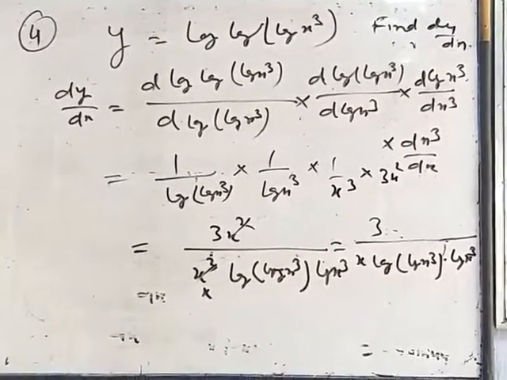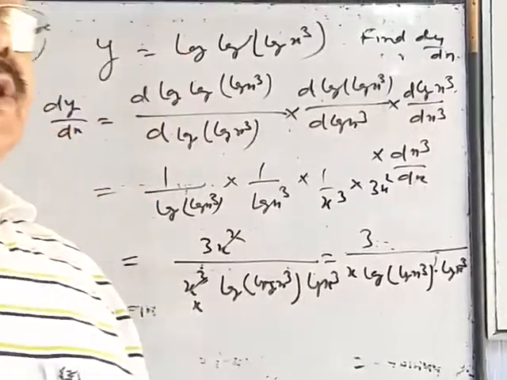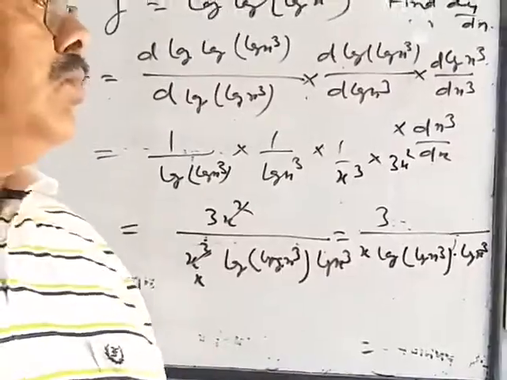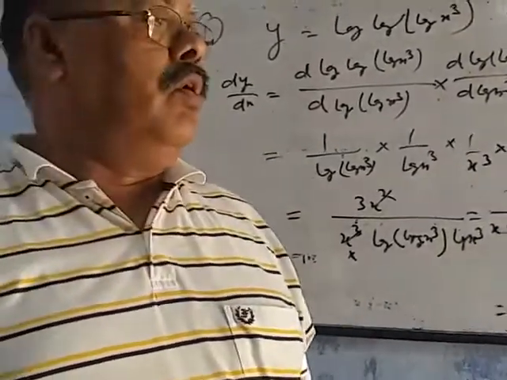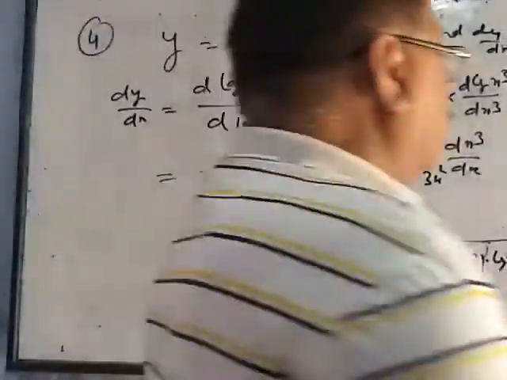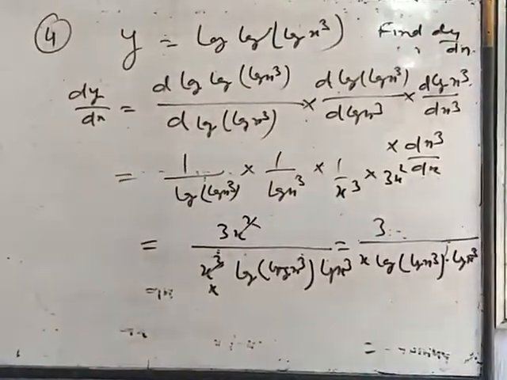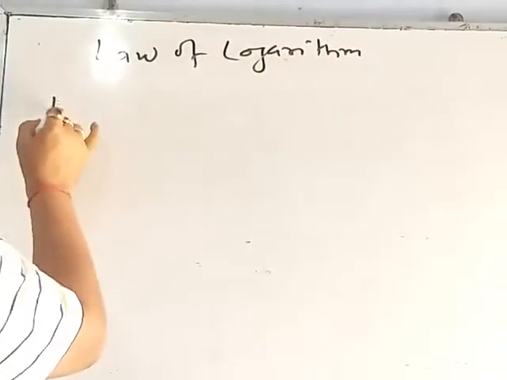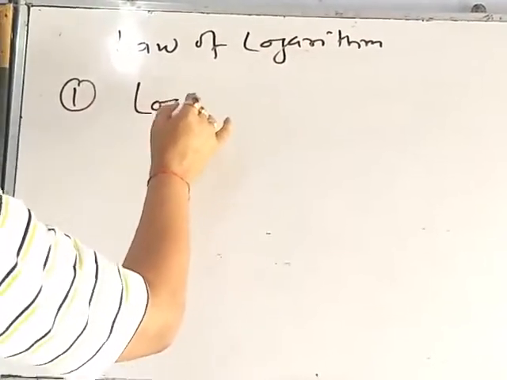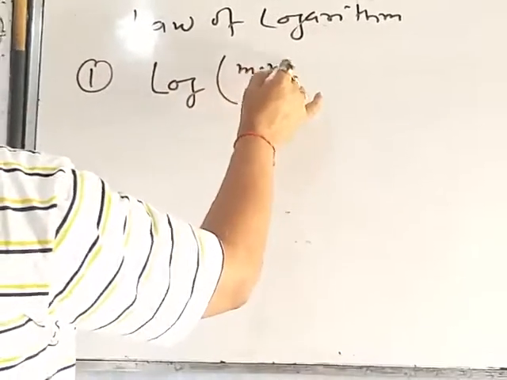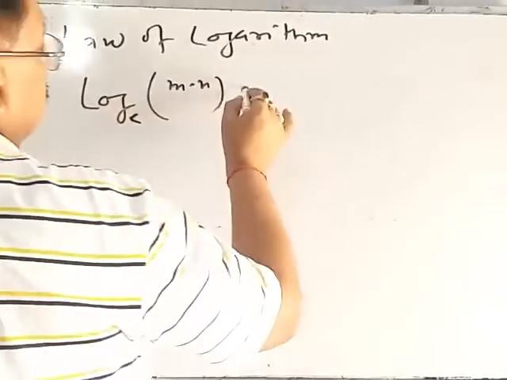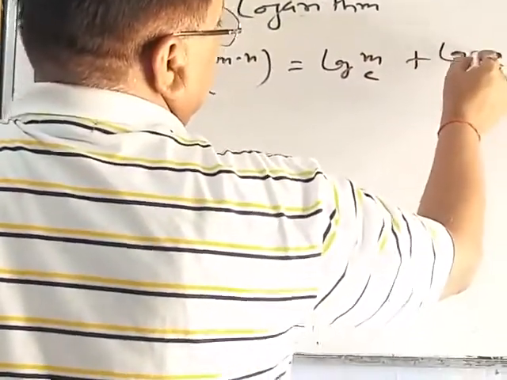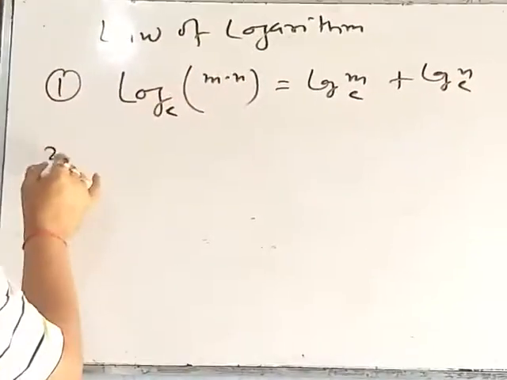Now we come to the point: differentiation of exponential functions. Here you must know the laws of logarithm, so I want to recall them. First, log m into n to the base e is equal to log m to the base e plus log n to the base e.